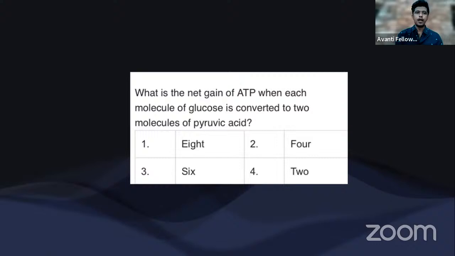Got your answer? So to answer this question, if you look at the entire glycolysis process, in the prior question we understood that we are investing two ATP molecules at two steps. One is conversion of glucose into glucose 6-phosphate and conversion of fructose 6-phosphate into fructose 1,6-bisphosphate. That means two ATP molecules we are giving from our side.